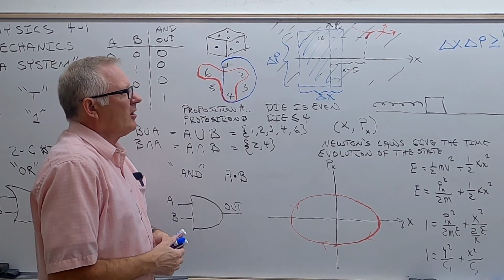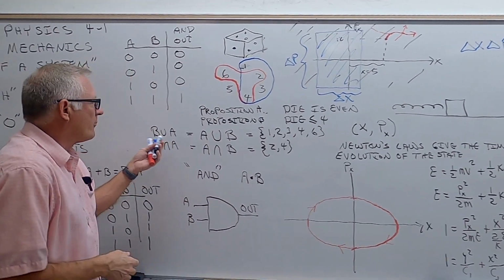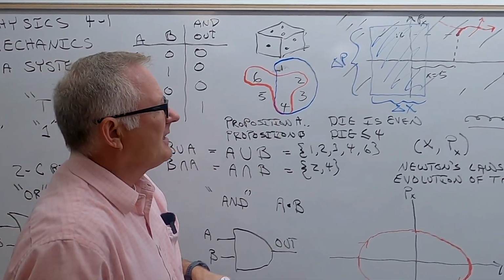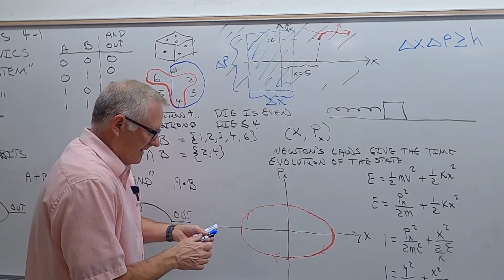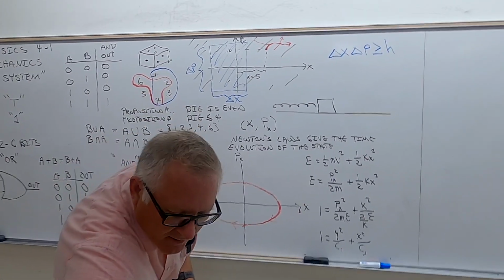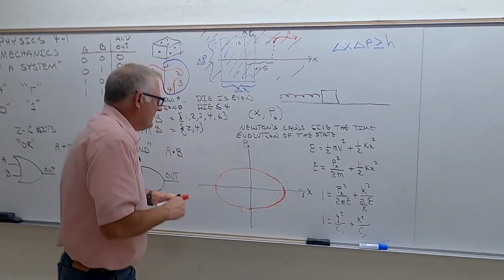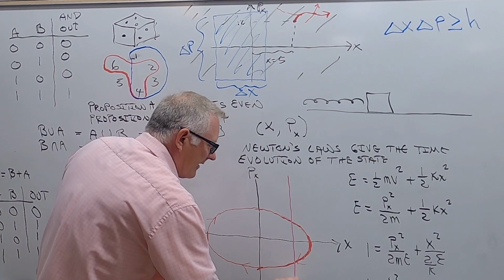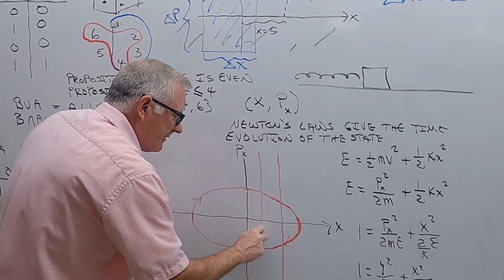We can also do the same sort of propositions that we did with the die. We could have said proposition A is, let's just say, the particle is between this x value and this x value.